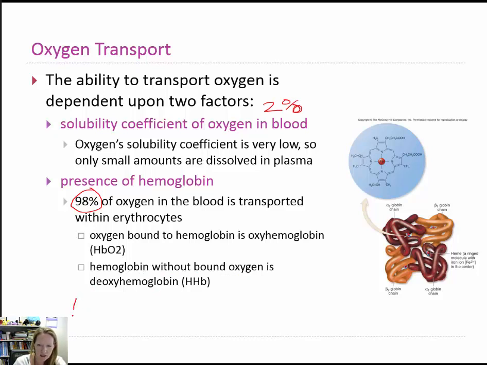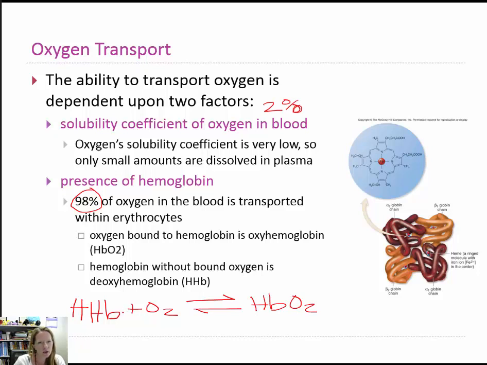So you can have this equation where deoxyhemoglobin attaches oxygen at the alveoli, right? And that becomes HbO2, which is oxyhemoglobin. See how it's reversible? That's why I put these little arrows here. Once it gets to the systemic cells, it's going to dump off the oxygen and turn back to deoxyhemoglobin.